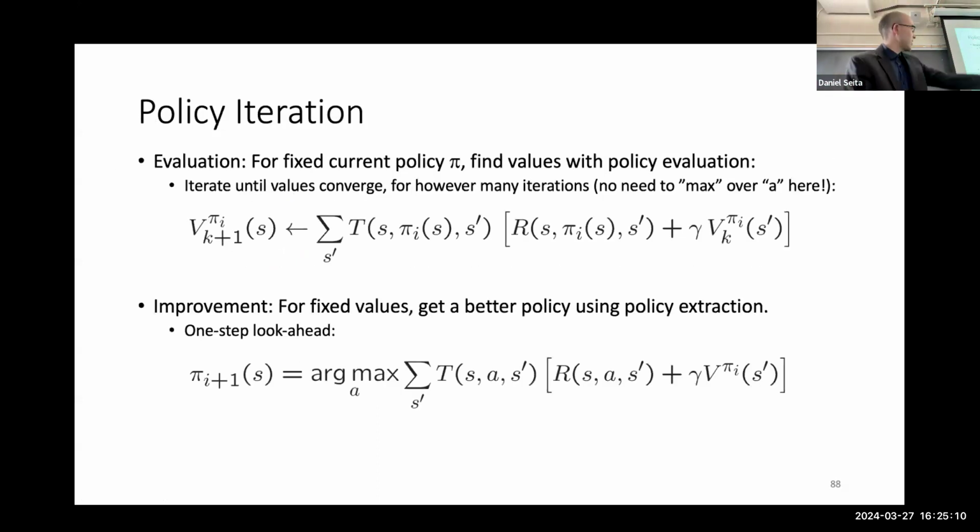This is basically a more formal way to write out policy iteration, where you do this update and then you do a one-step look ahead to find the optimal policy. You remember that for value iteration, we didn't have anything like this. Value iteration did not have this step. It just had the first step with a max in there.